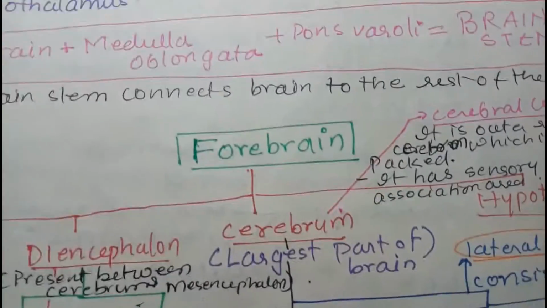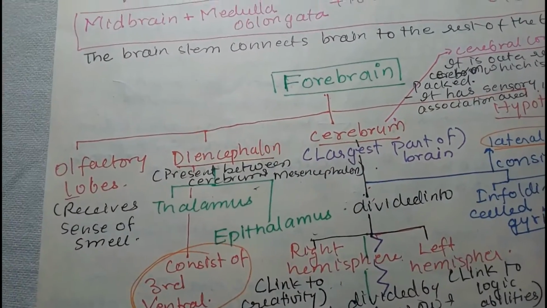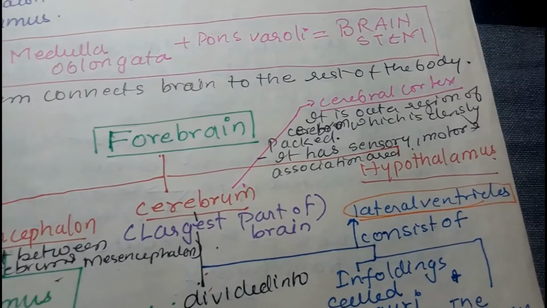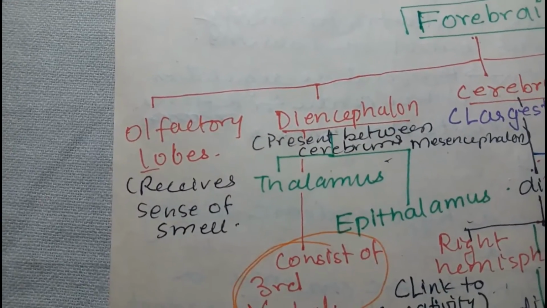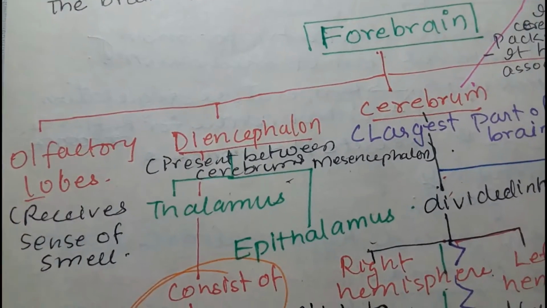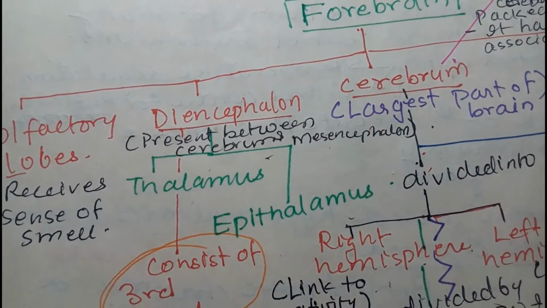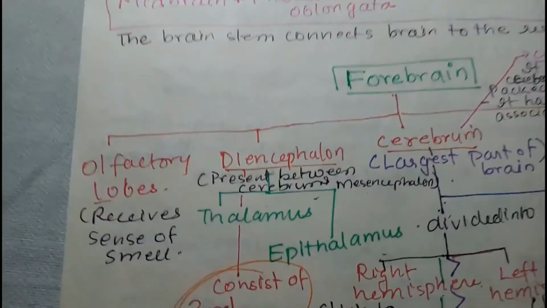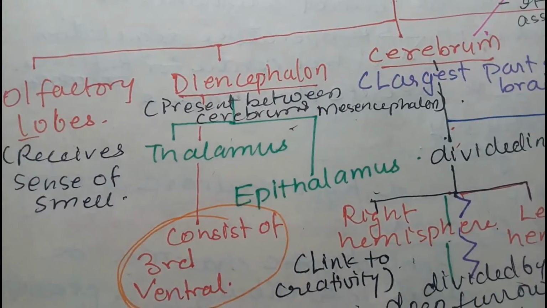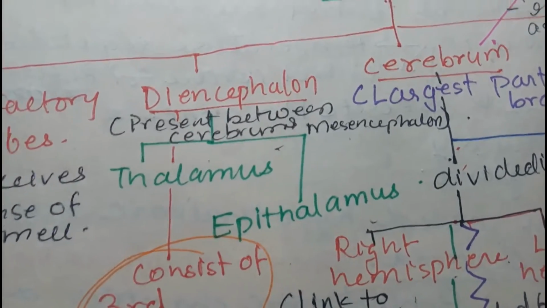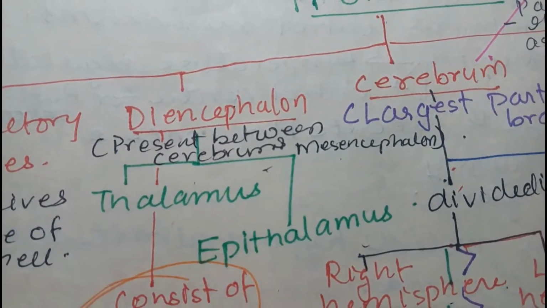Now let's study the forebrain. It has different parts: olfactory lobes, diencephalon, cerebrum and hypothalamus. Olfactory lobes receive the sense of smell. Diencephalon consists of thalamus and epithalamus, and it also comprises the third ventricle. It is present between cerebrum and mesencephalon.